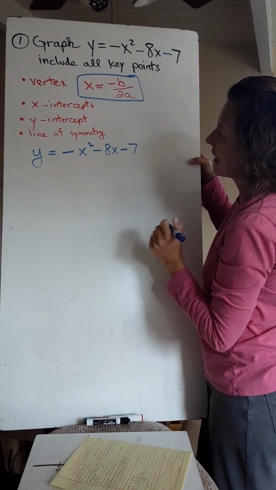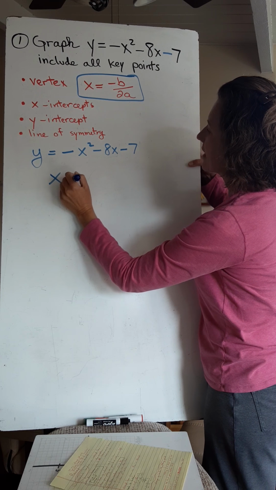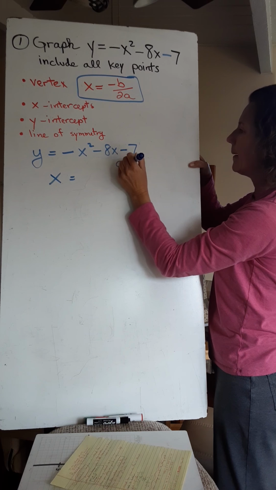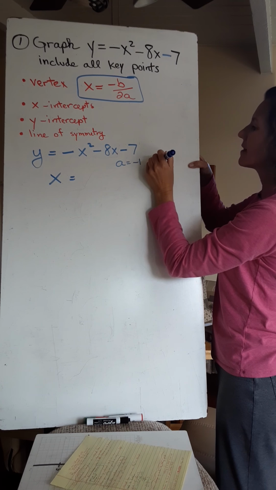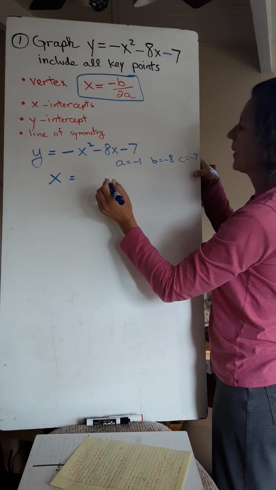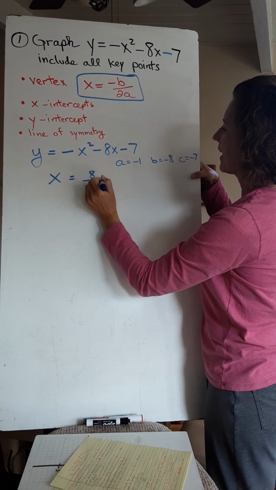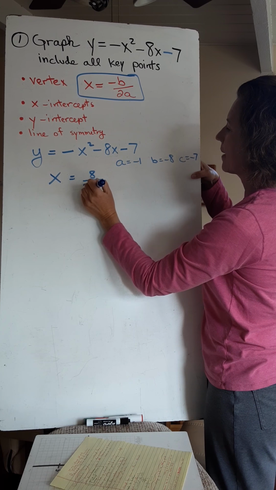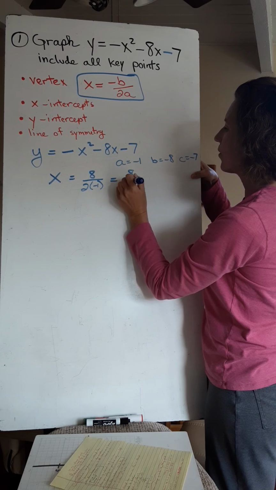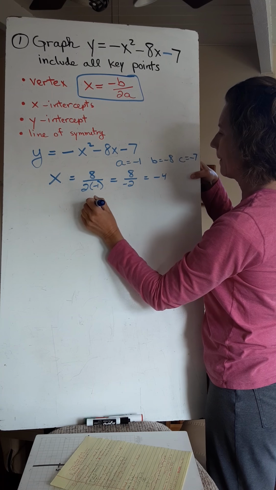We can see our vertex is going to be x equals, if our a is -1, b is -8, c is -7, we are going to get the opposite of -8, which is 8, over 2 times a, which is -1. That gives us 8 over -2. That gives us -4.